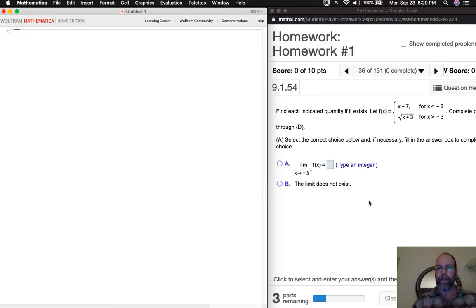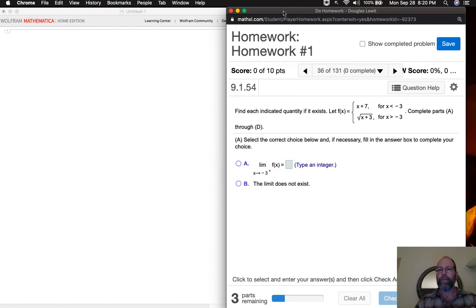Here's Mathematica. Okay, so let's take a look at problem 36. Problem 36 reads, find each indicated quantity if it exists. Let f of x be defined as a piecewise function.